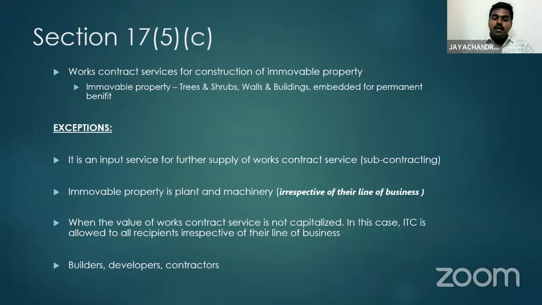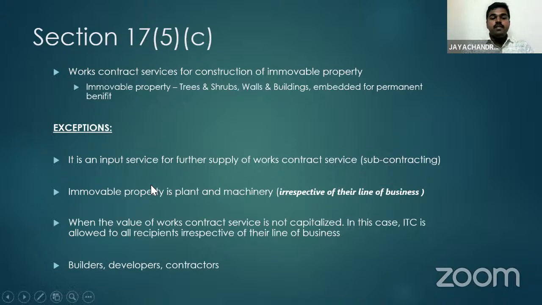If the owner has not added that value of the works contract to the immovable property value, say he is constructing that building for 20 lakhs and has not capitalized that 30,000, and instead that 30,000 is expended in the P&L, instead of taking that 30,000 to the asset side, he is debiting it in the P&L, then on that amount he can avail the ITC. If he has capitalized it, meaning 20 lakh 30,000 is added in the asset instead of 20 lakh, you cannot take the ITC on that 30,000.